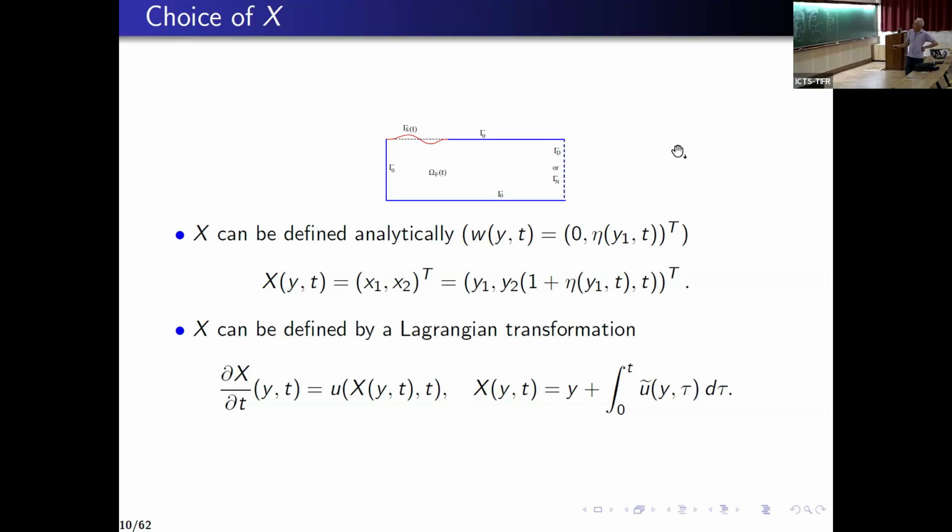And so in that special situation, I can define X analytically because W now is given by the vector 0. I assume that the displacement is only vertical. So the first component of the displacement is 0, and the second one is what I called eta, which is the displacement of the beam from 1. And so the transformation X is nothing else than the identity for the first component, and for the second component, the identity plus y2 times eta.